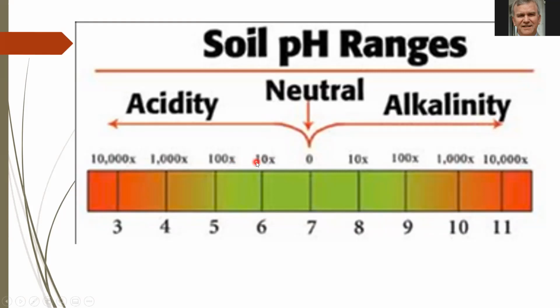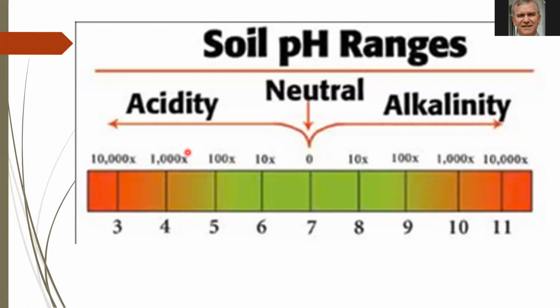So even though the range is 0 to 14 on a pH scale, it's important to be sensitive to the fact that when you move on the pH scale 1 point, let's say from 7 to 6, or you move from 6 to 5, the degree to which the soil is becoming more acidic, from a mathematical point of view, it's quite dramatic.